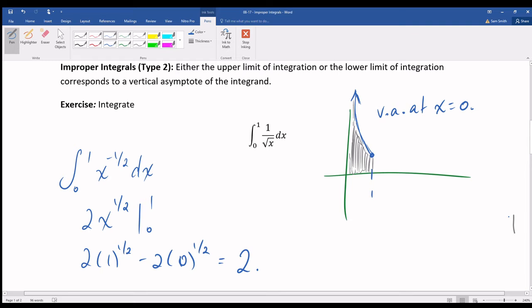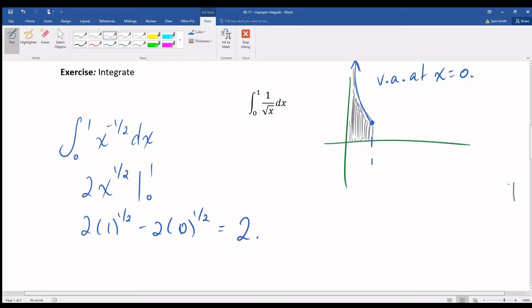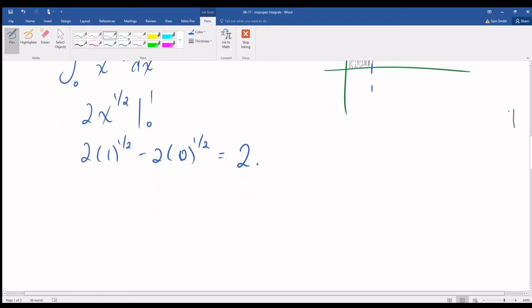Now it can happen sometimes that you are not able to actually plug in one of the limits to the function. And so I would like to show you an example of that real quick. What if we did exactly the same region of integration from 0 to 1, but we brought back our friend 1 over x squared, and we integrated that with respect to x.